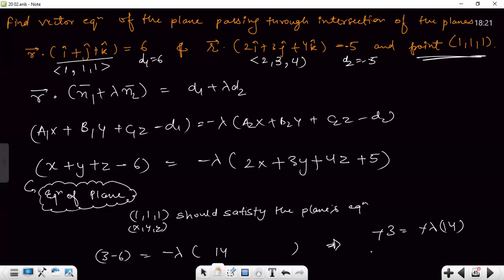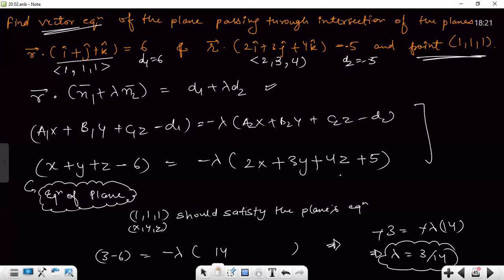Minus minus cancel. Lambda becomes 3 by 14. If lambda is 3 by 14, we can go back and modify the equation, or we can put it here because we have to find the vector equation. Lambda we have found using the Cartesian form.